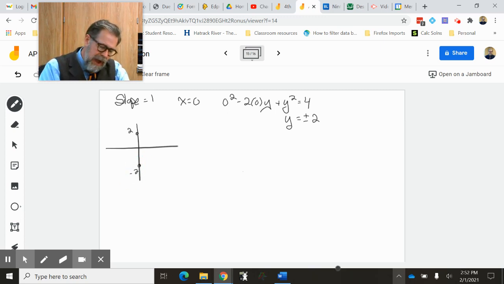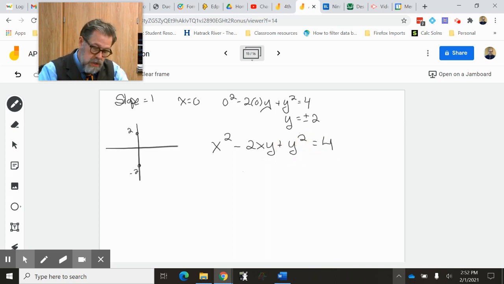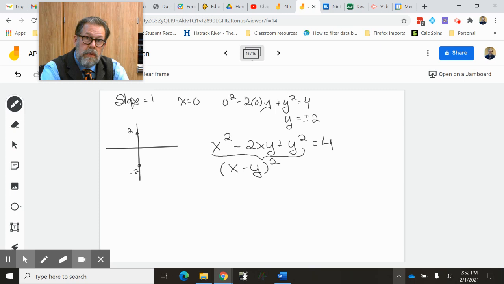So let's go back and look at x squared minus 2xy plus y squared equals 4. I'm going to recognize right now, because I can, that this is (x minus y) squared. And I'm going to subtract the 4 from both sides.